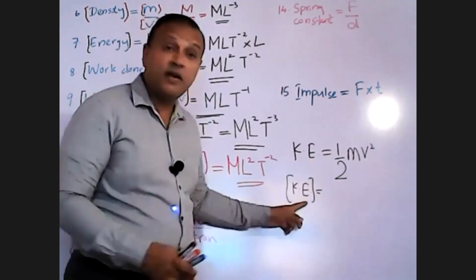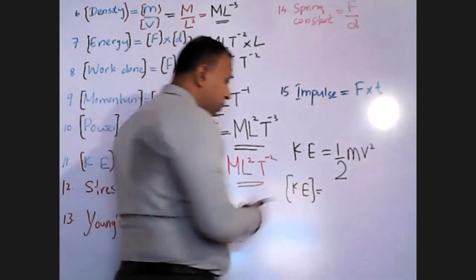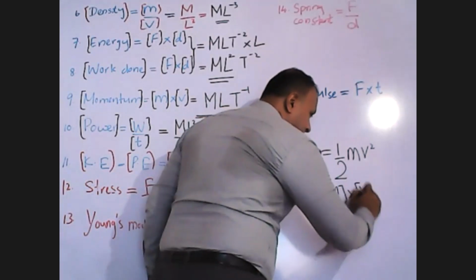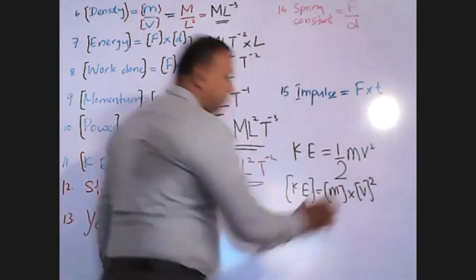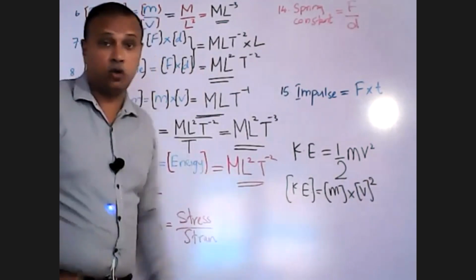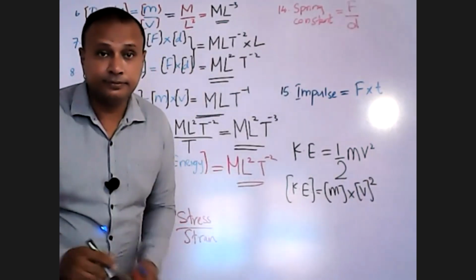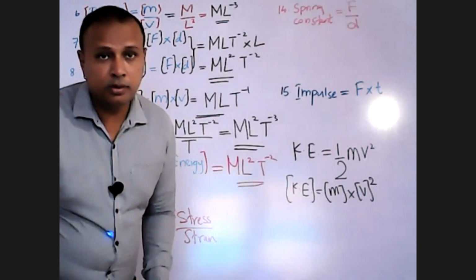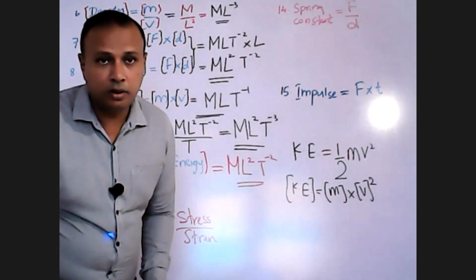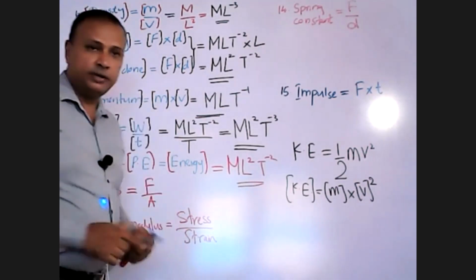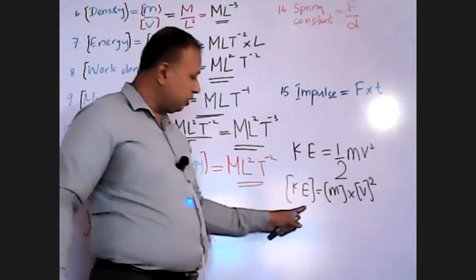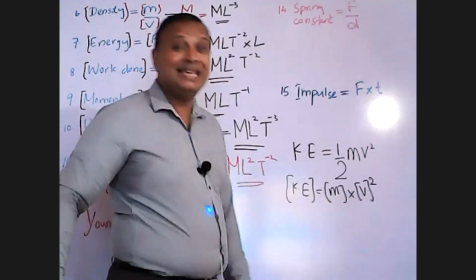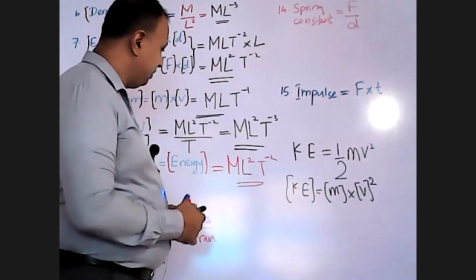So the dimension of kinetic energy is equal to the dimension of m into the dimension of v squared. Shall we simplify this?